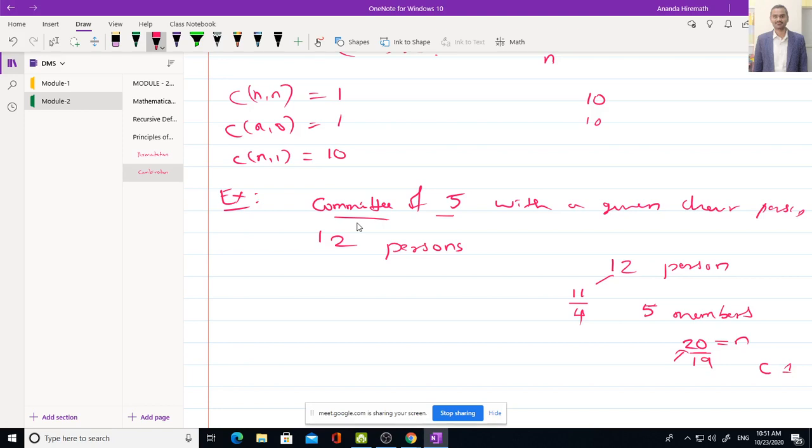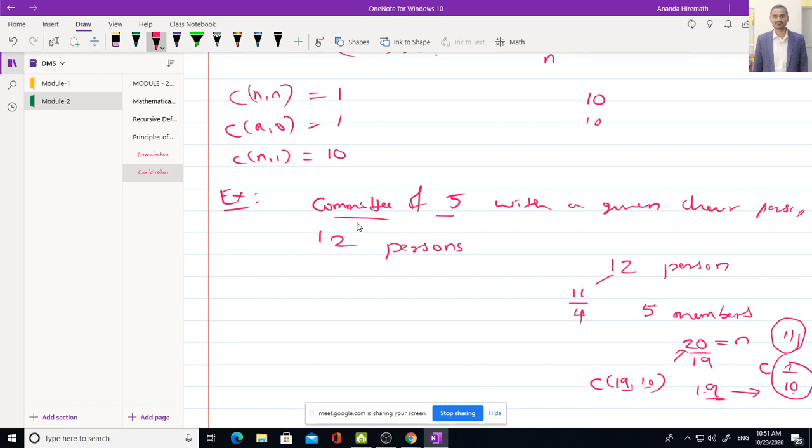From these 19, how many do I need to choose now? Already 1 is there in the 11, so 10. Yes, out of 19 I need to choose 10, so that our team contains 11. So this combination can be written as C of 19 comma 10. In that way you try to understand.